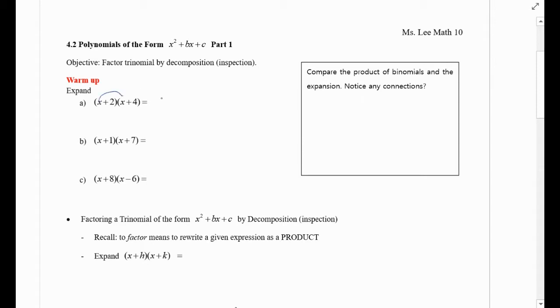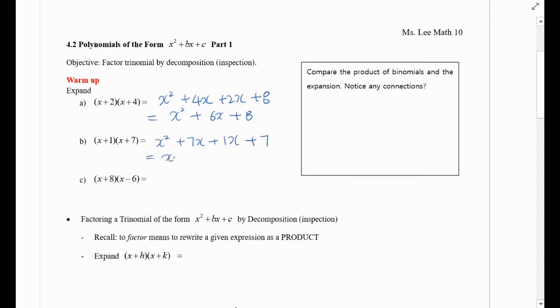So x squared plus 4x plus 2x plus 8. You combine the like terms, then that becomes x squared plus 6x plus 8. Next, we do FOIL: x squared, 7x, 1x, 7.